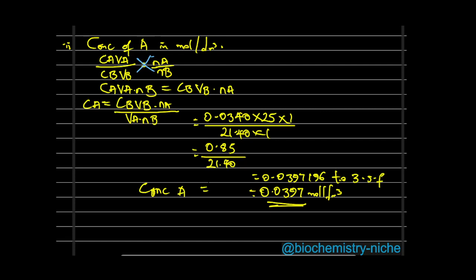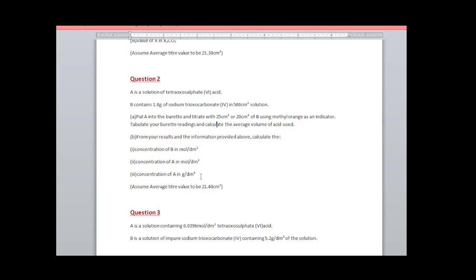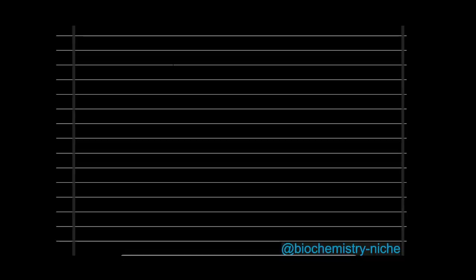The third question there says we should calculate the concentration of A in grams per dm cube. Like we can see here, calculate the concentration of A in grams per dm cube. So this is how we are going to do that.